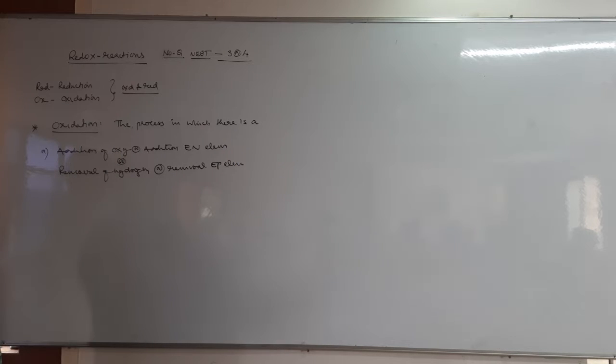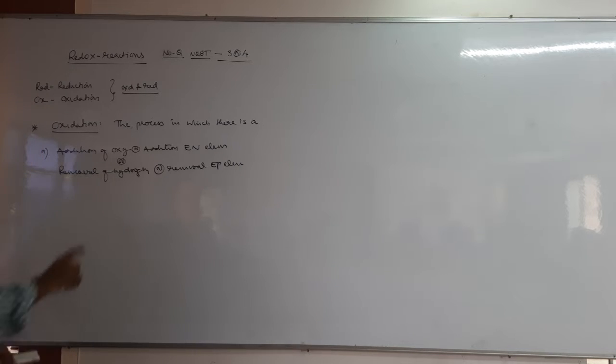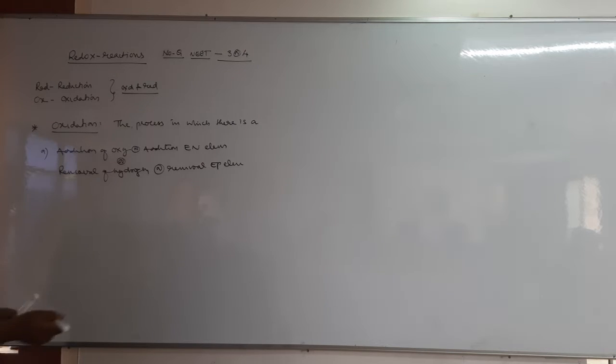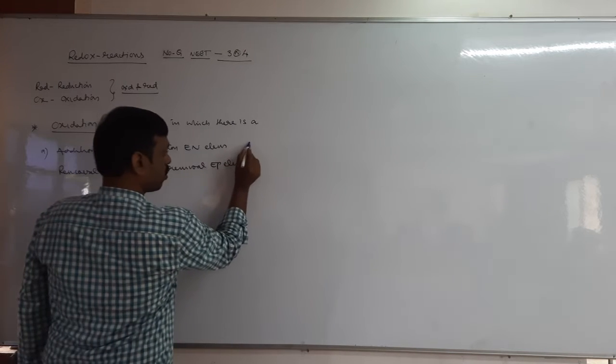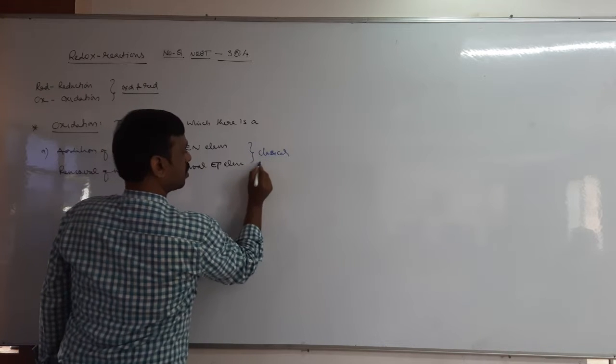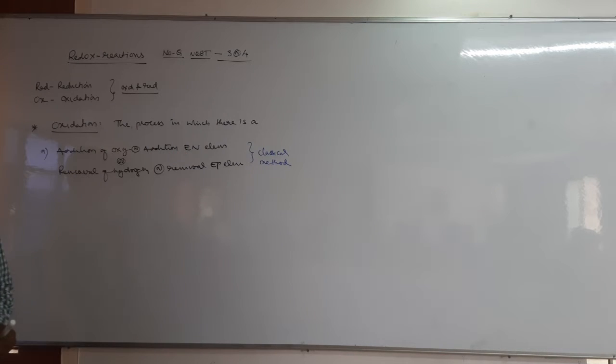Therefore, the simplest definition of oxidation is the process in which there is an addition of oxygen or addition of an electronegative element, or removal of hydrogen or removal of an electropositive element. This definition is according to the classical method. But is oxidation only addition of oxygen?